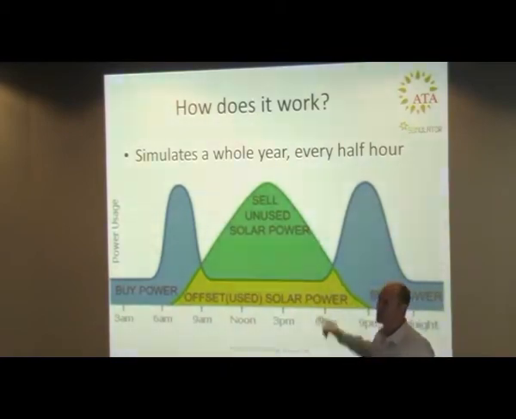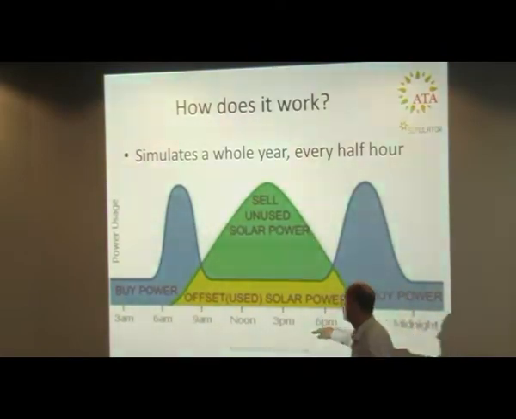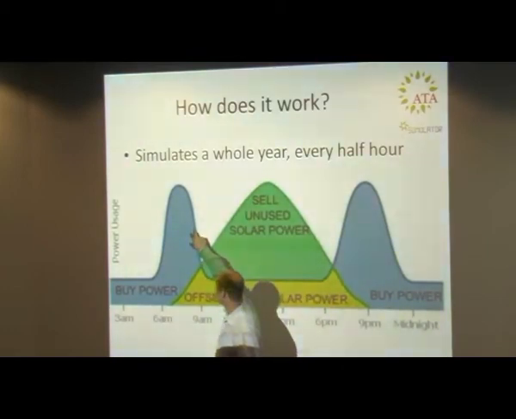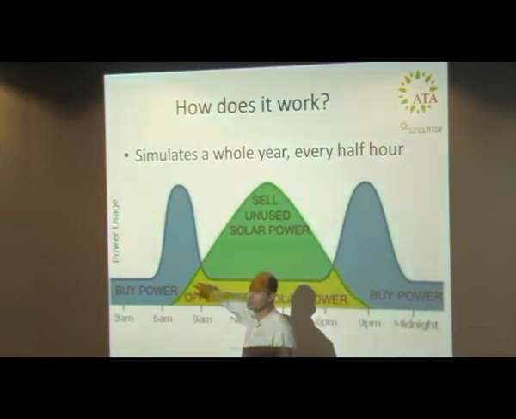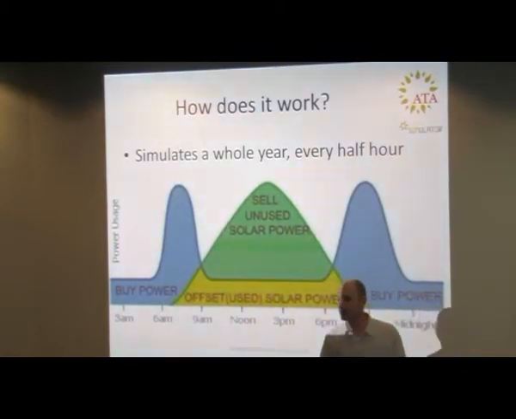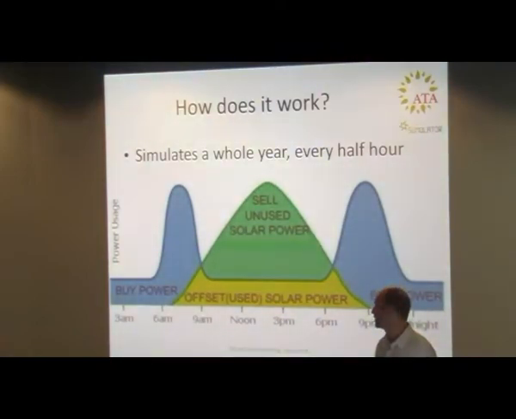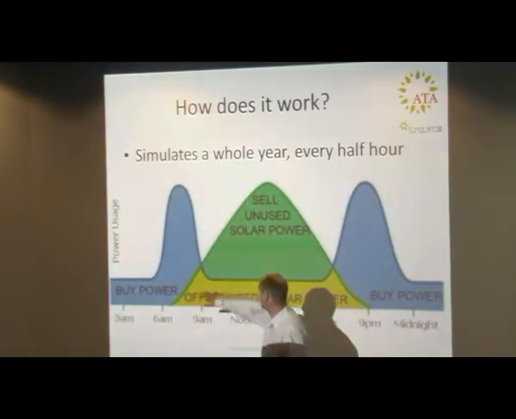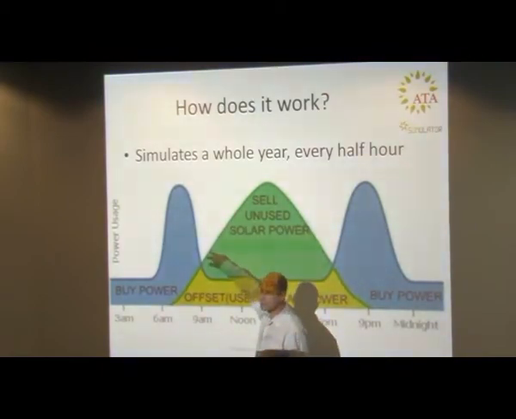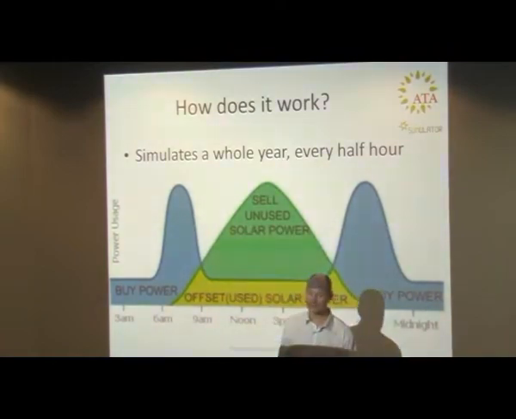So we've got electricity consumption and we've got generation, half hour by half hour. And what Sunulator does is it compares the consumption and the generation against each other. If the consumption's higher than the generation, we're going to be importing from the grid. Now we get to like 10 a.m. or something, and we're generating more than we're consuming, so it's going to be exporting to the grid.